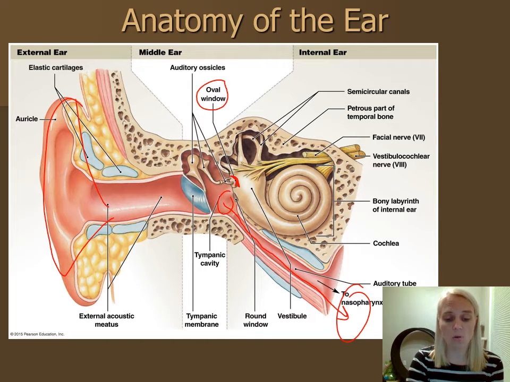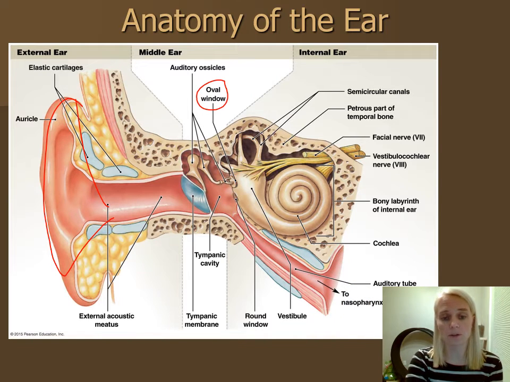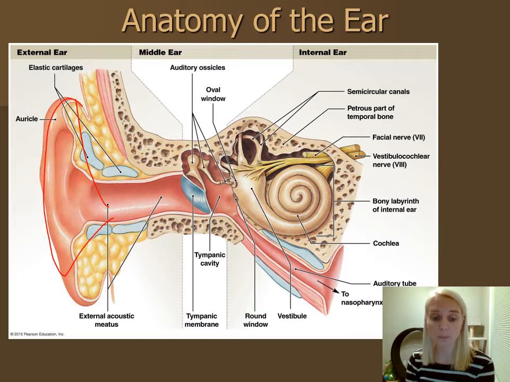If you know children, or maybe you or your own children had tubes in their ears, it is usually these little tubes that are placed in here to keep that auditory tube open, which allows for drainage of mucus or fluid that could build up in that middle ear, which can cause ear infections. If you have stagnant fluid, then you don't have proper drainage. All right, so that is our middle ear structure, primarily the auditory ossicles and that pharyngotympanic tube.